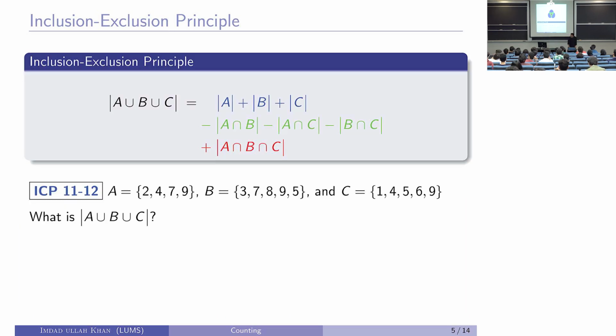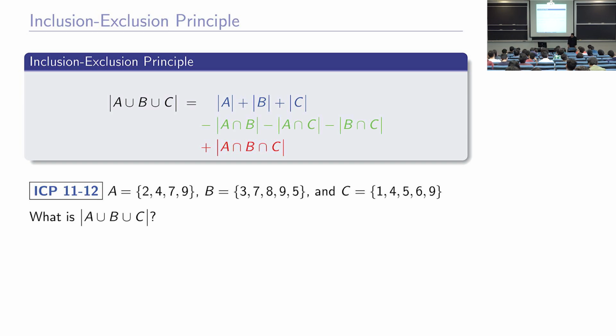So this is the general principle, and you can do this example, simple, same one, except B is one step smaller now. How many distinct elements are there total? What's the union of A union B union C? So 1, 2, 3, 4, 5, 6, 7, 8, 9.